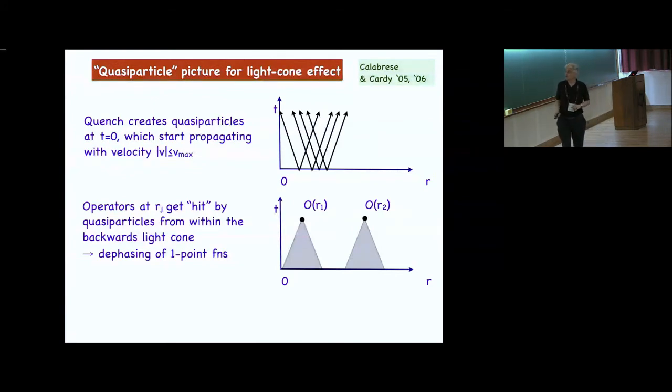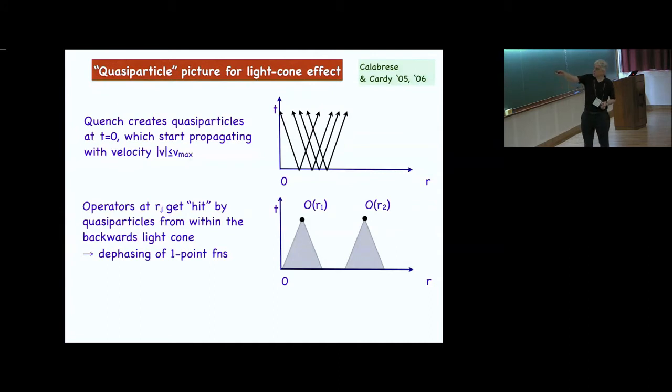Now this operator, at that time, can only get hit by excitations, quasiparticles, that started in the interior of the backwards light cone of that operator. Particles out here don't have enough time, because the velocity is bounded, to reach that point up to that time. On the other hand, within this backwards light cone, the quasiparticles that get generated here can reach.